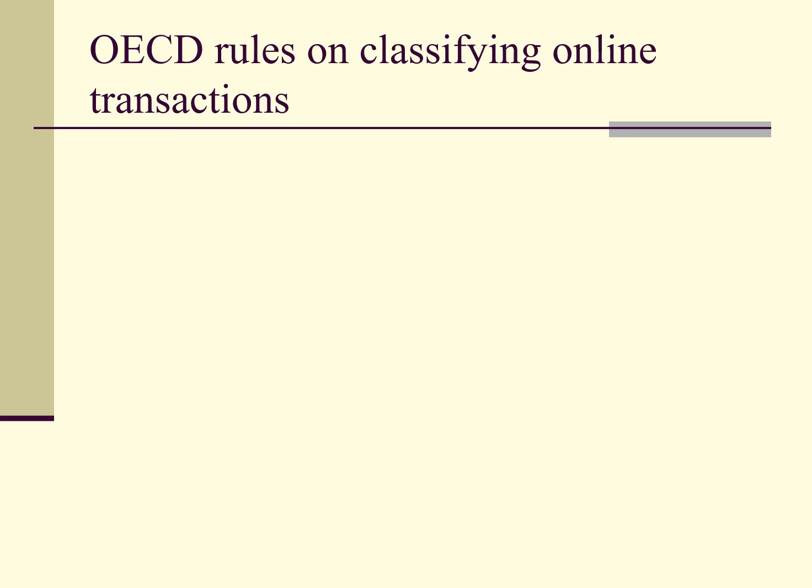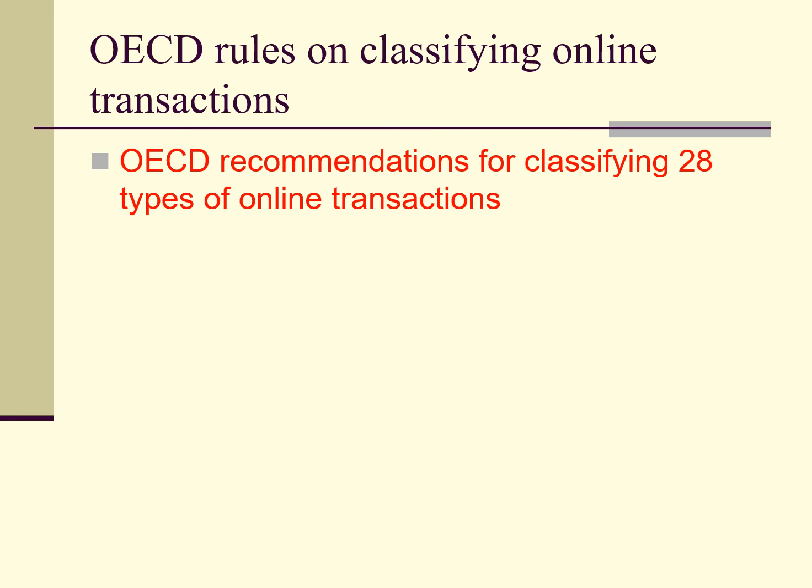Now let's briefly examine the OECD rules for tax treaty classification of online transactions. As explained in the text, in 2001, the OECD issued recommended rules on the classification of 28 different types of online transactions.